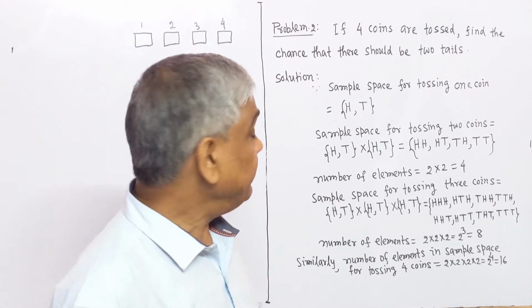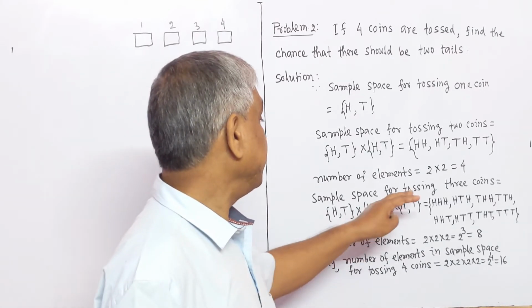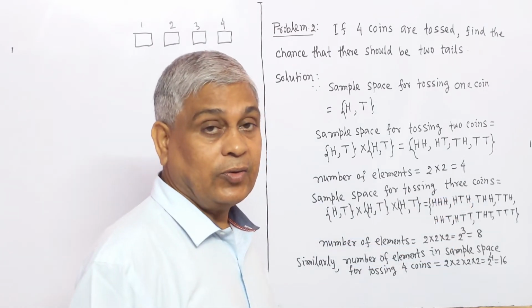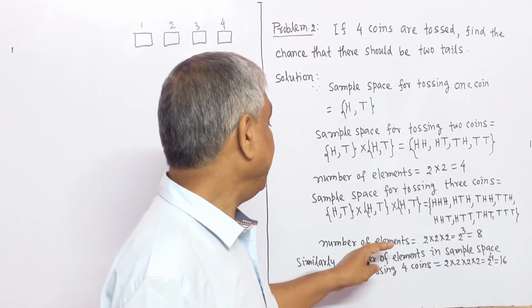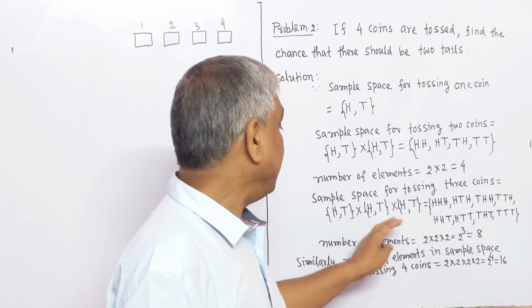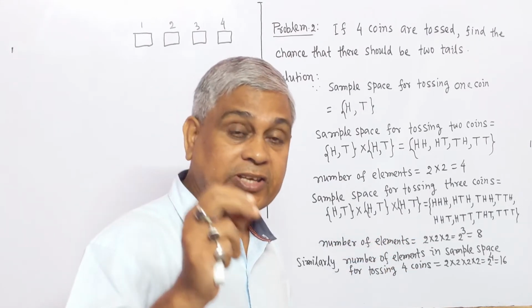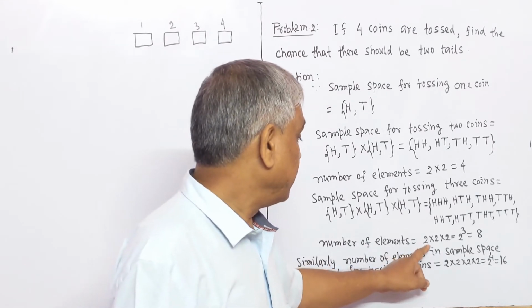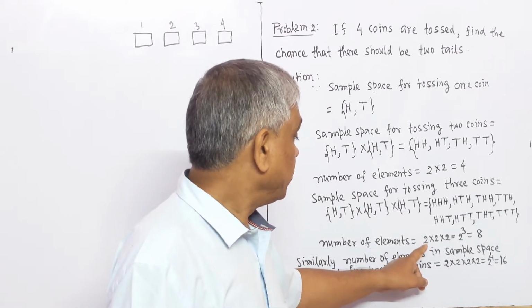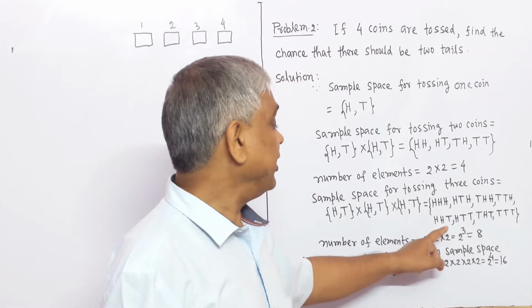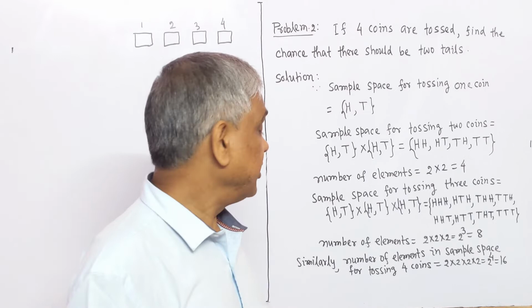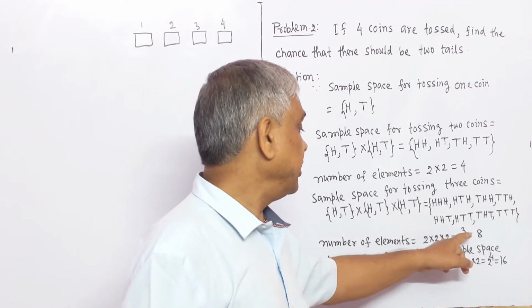Number of elements for tossing 3 coins may be obtained by multiplying the number of elements of sample space for one coin, 2 multiply 2 thrice, and this is 2 to the power 3 equal to 8.